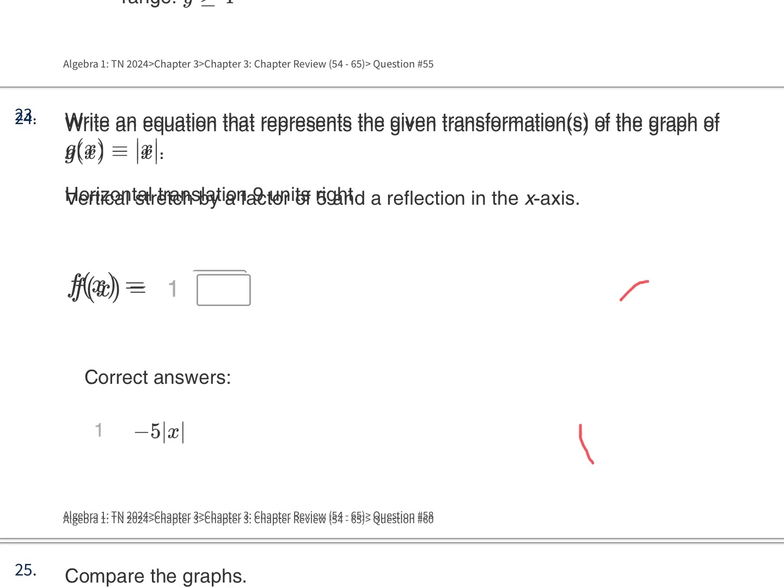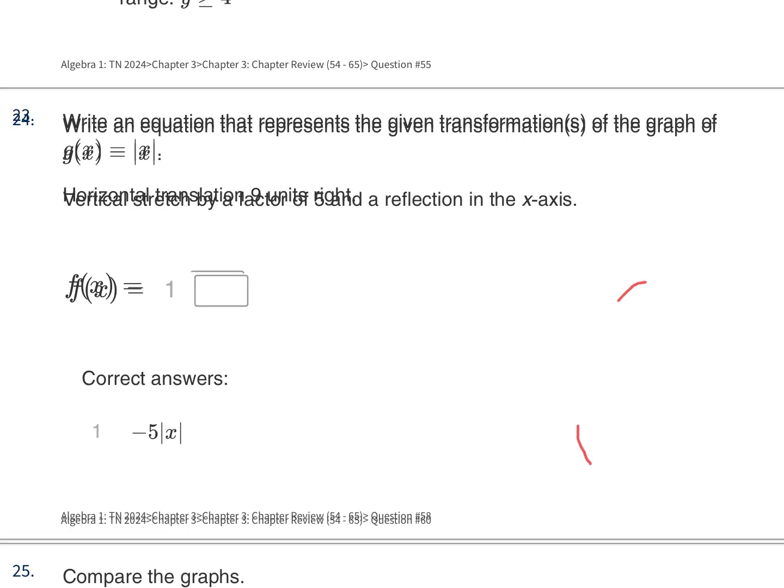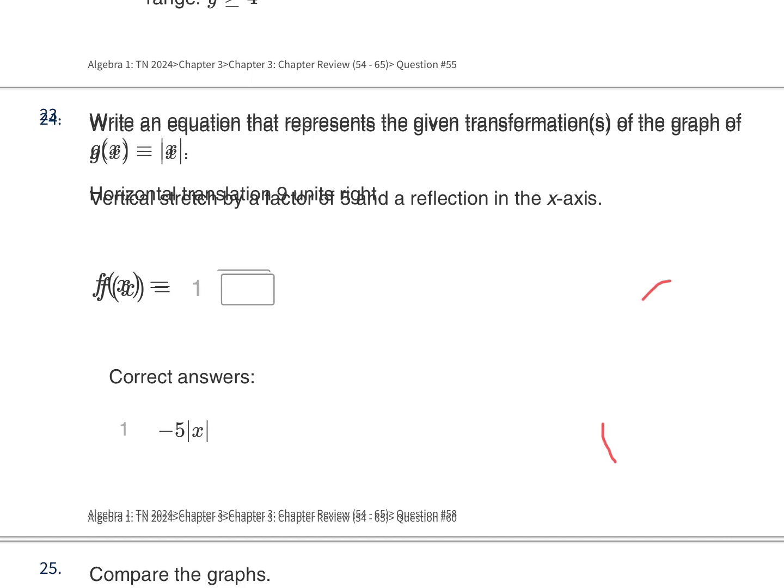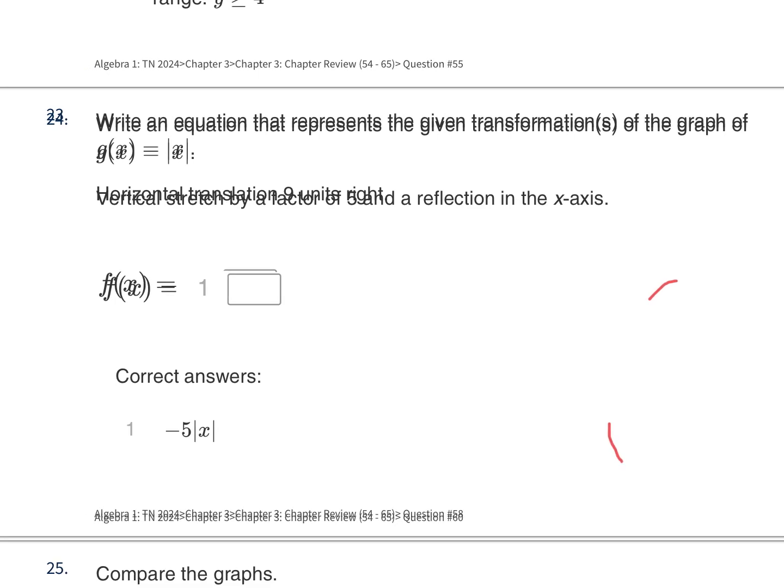Write an equation that represents the given transformation of the graph, g of x equals. See, he's got horizontal translation 9 units to the right, or is that 5? And then a vertical stretch by a factor of 5, and a reflection.